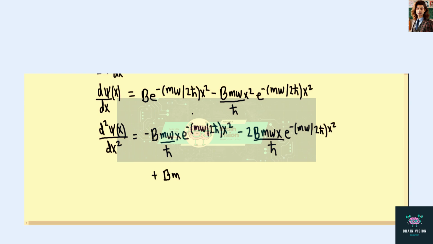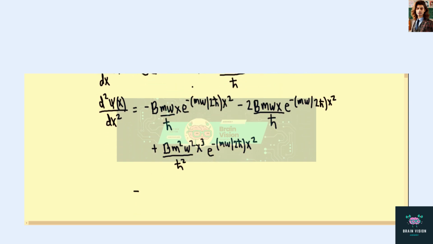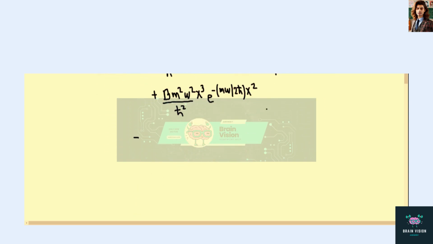But we're actually going to be able to combine two terms in this second derivative. And when we do that, we get the following result. We actually get the -3 coefficient for those two terms.